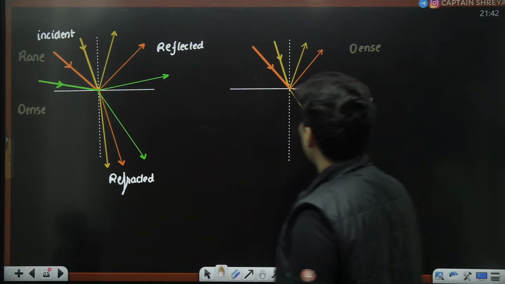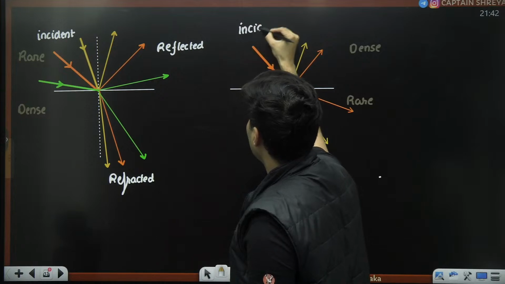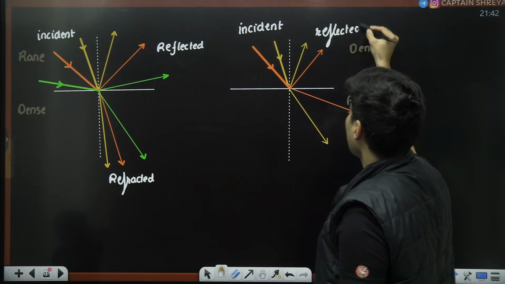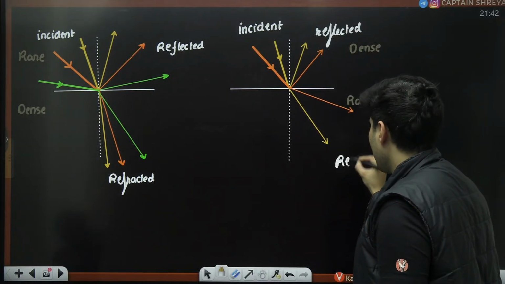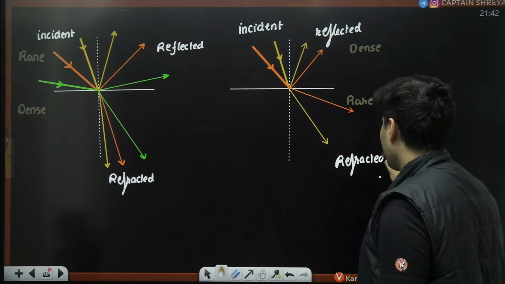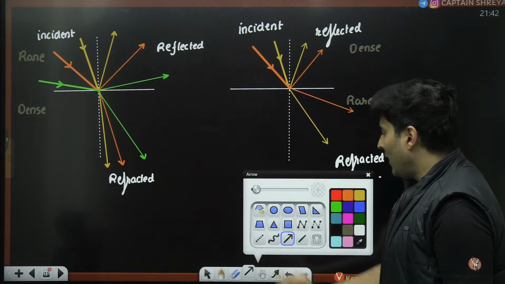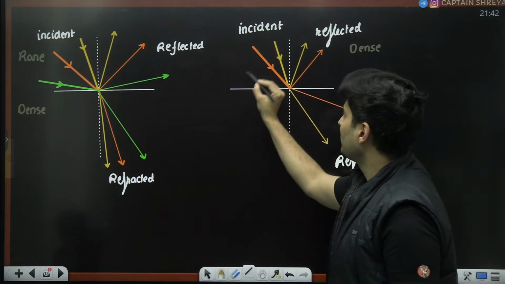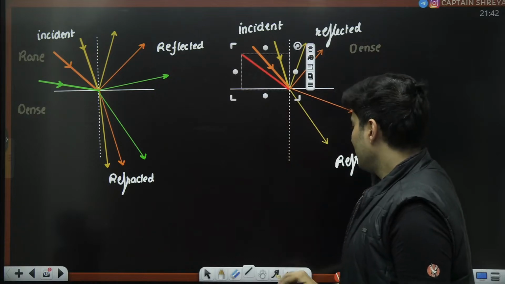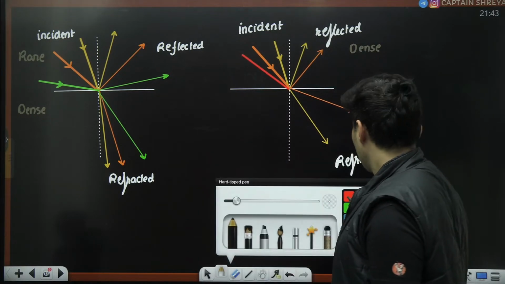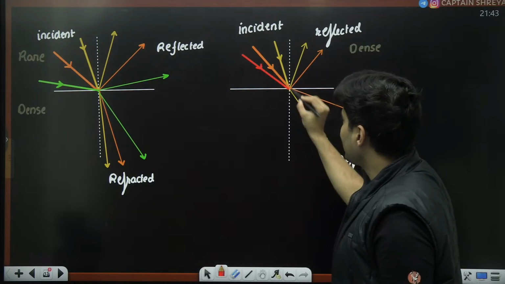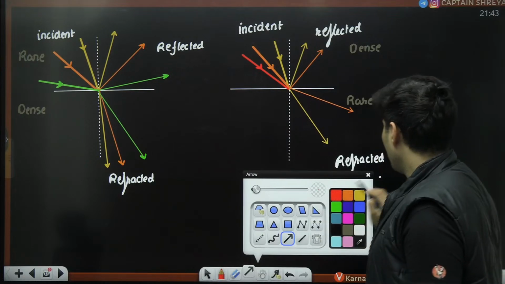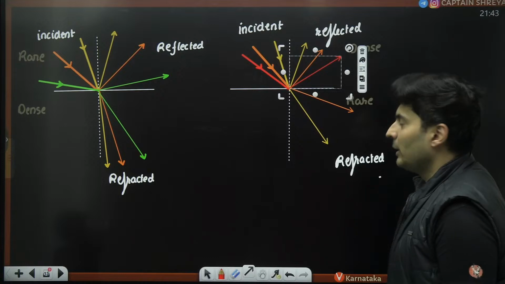Remember, whatever I write over here again is incident rays. These are reflected rays, and this one is the refracted ray. Now what happens is, if I increase the angle beyond a point where imagine this particular ray which is incident, definitely it is getting reflected, no doubt.